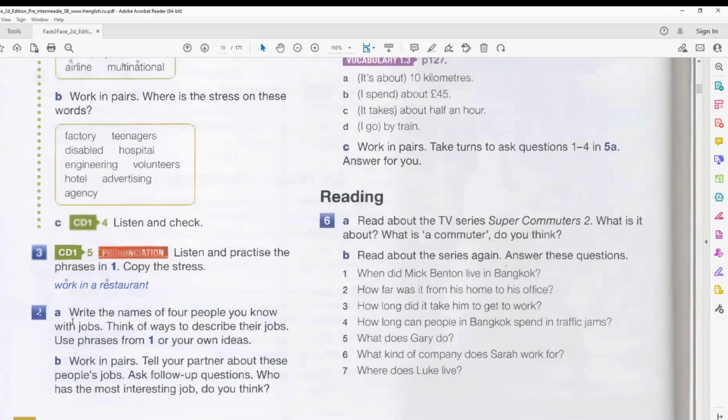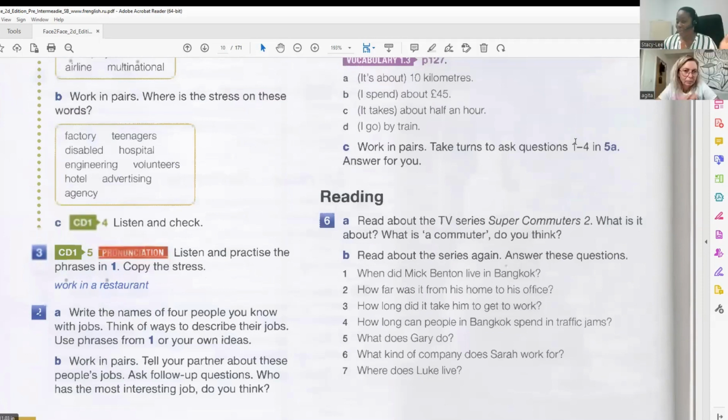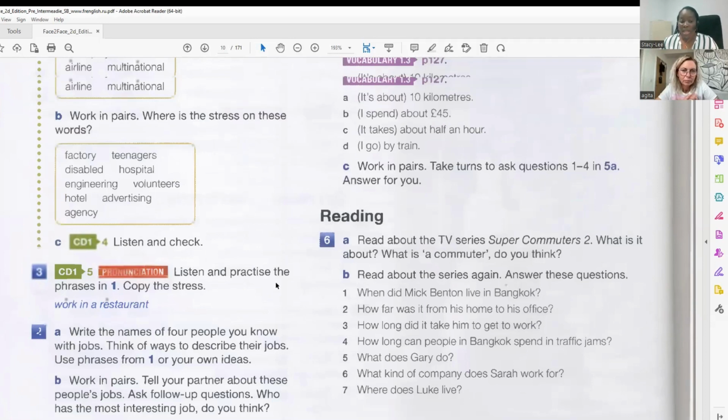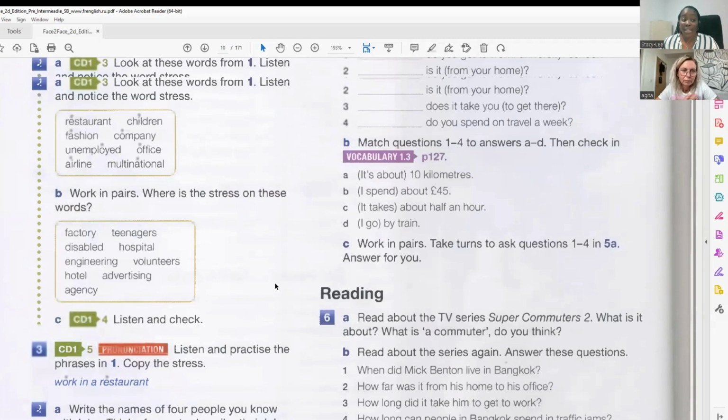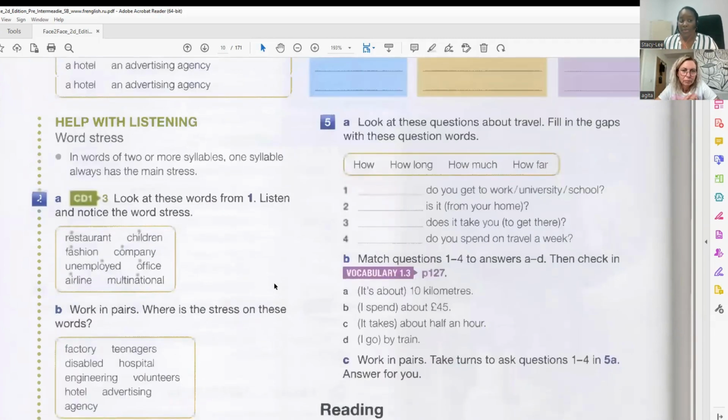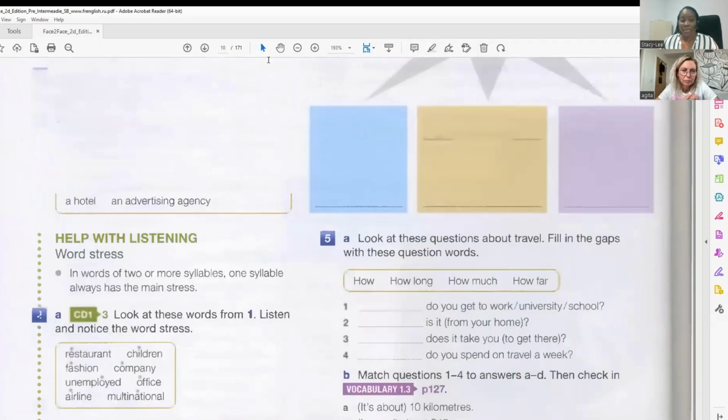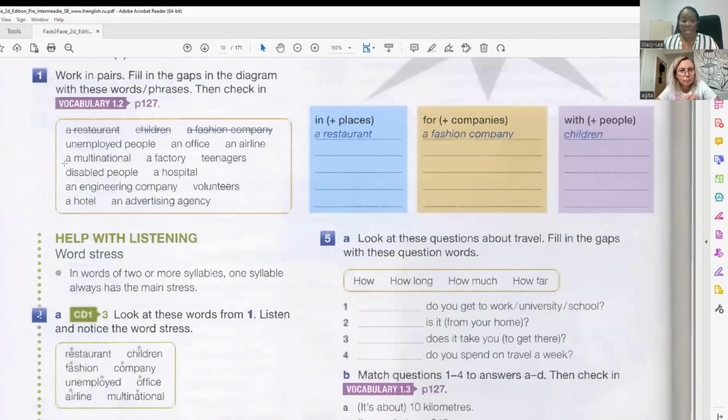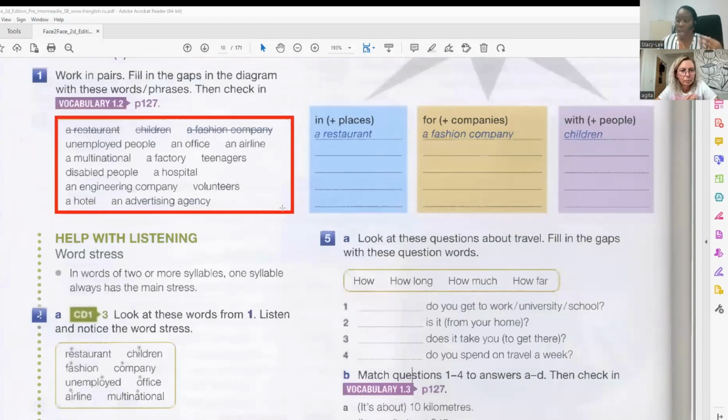We're going to think about people you know with jobs, let's do 3 people you know, and think of ways that you can describe their jobs using the phrases that we just looked at.